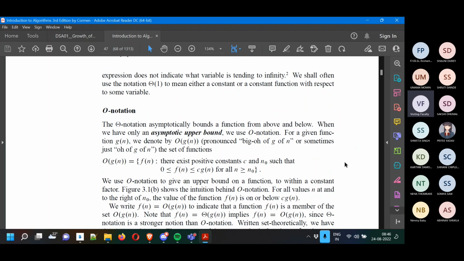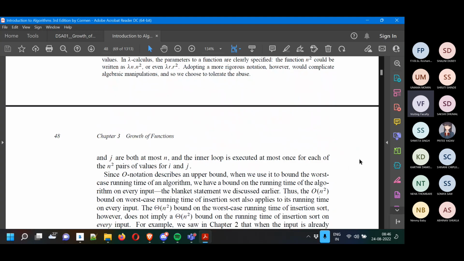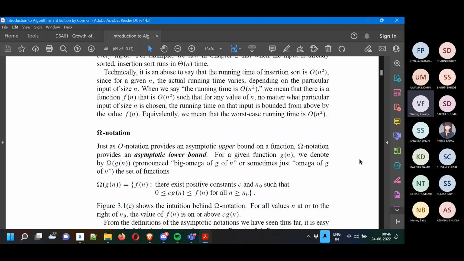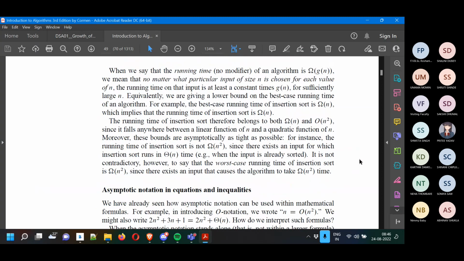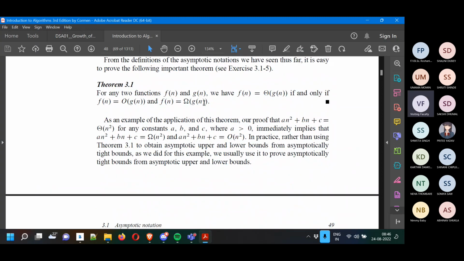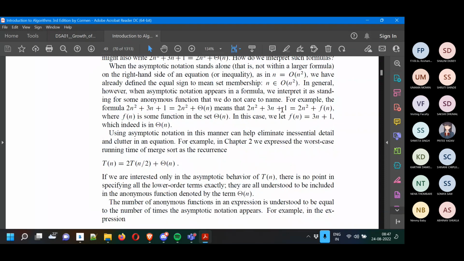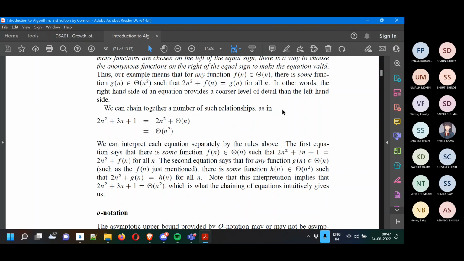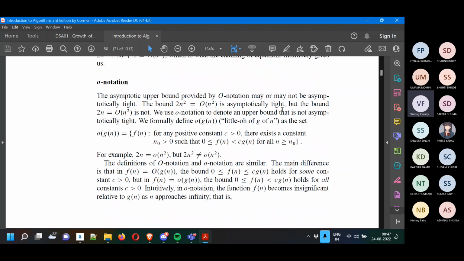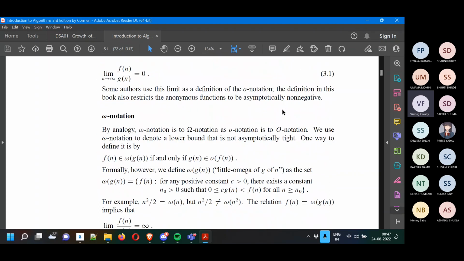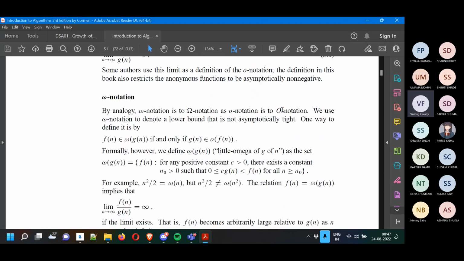We are not using the set notation. We are just writing f(n) as big O of g(n). Okay, so big O, then we have big omega, right? Then we have this remark, which is f(n) is big... okay, so not this one. Theta we have to see next time. There's little o notation and then little omega notation. Okay, so much we have seen.